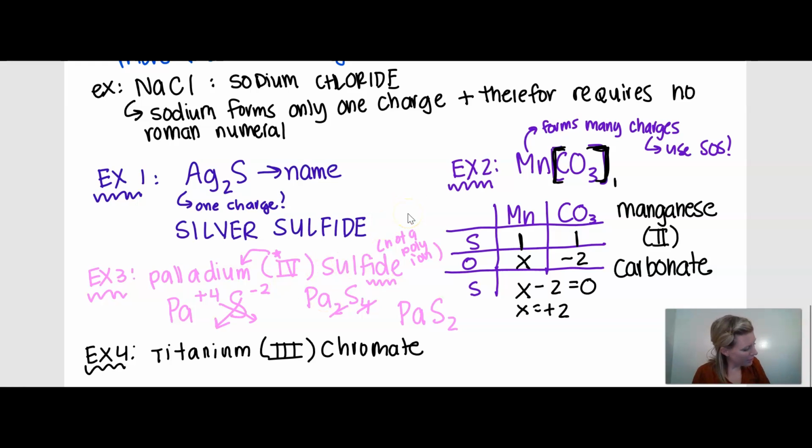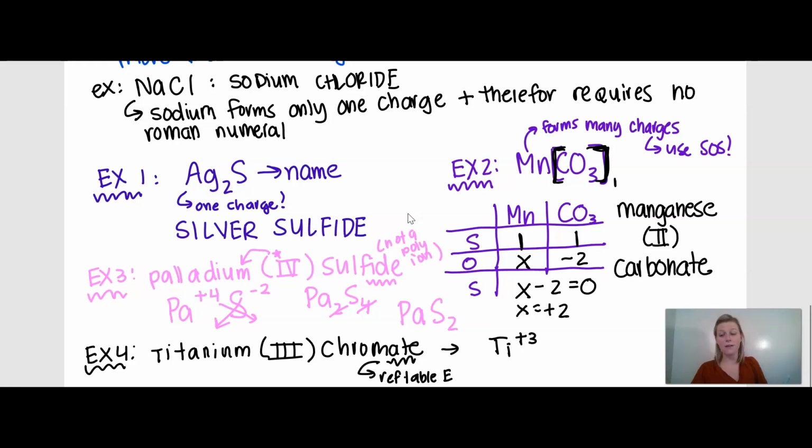And then really quick, titanium(III) chromate. I'm going to do that off to the side. Titanium, again, if you don't know it, please look it up. It's Ti, titanium 3, so +3. Chromate ends in ATE, which means I need to look on reference table E for that ion.